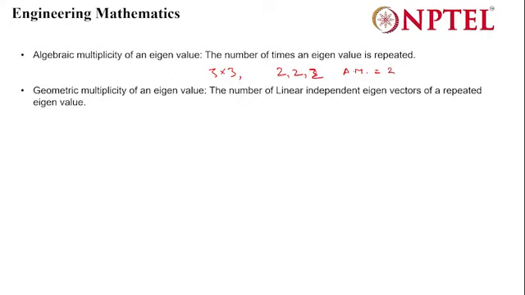Suppose it was 2, 2, 2, then it would be 3. Okay. What is the geometric multiplicity of an eigenvalue? The number of linearly independent eigenvectors of a repeated eigenvalue. Okay, this we will understand by an example. Suppose we are taking a 3 cross 3 matrix.